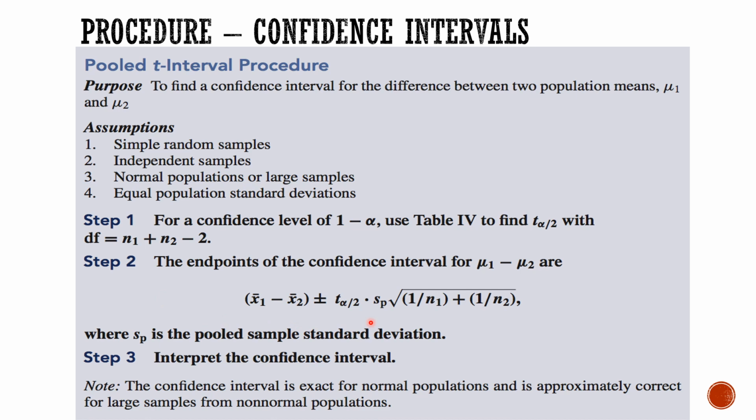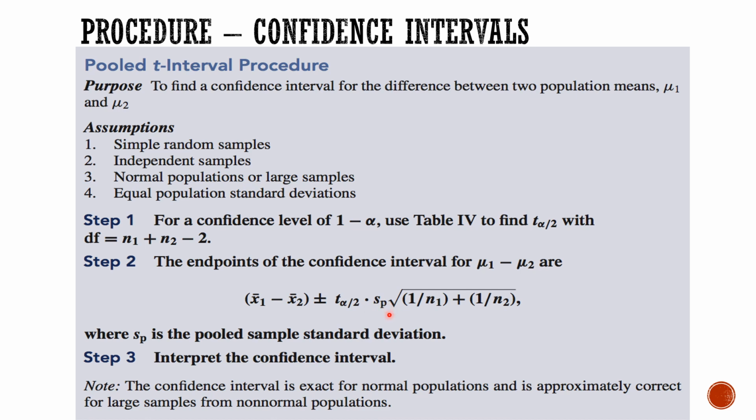Step 2 is the formula we are going to use to find our interval. Here it's not going to be just x bar, it's going to be x bar sub 1 minus x bar sub 2 plus or minus t of alpha by 2 that we find in step 1 times s sub p times the square root of 1 divided by sample size 1 plus 1 divided by sample size 2, where s sub p is the pooled sample standard deviation.